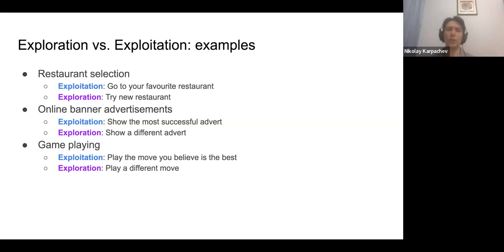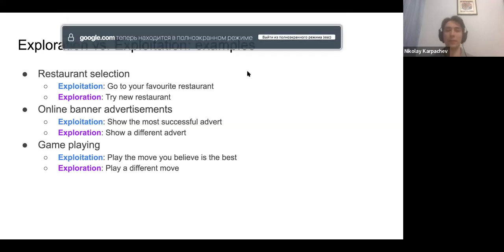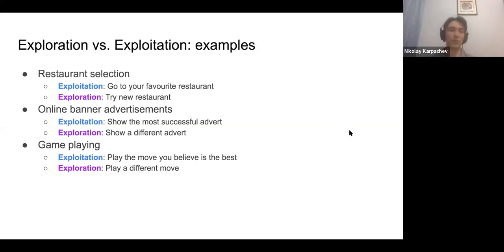Now some more engineering examples. For example, if we work in a software company and build an online banner advertising system, we have a set of banners and a set of users, and each time we want to select the banner to show this particular user.